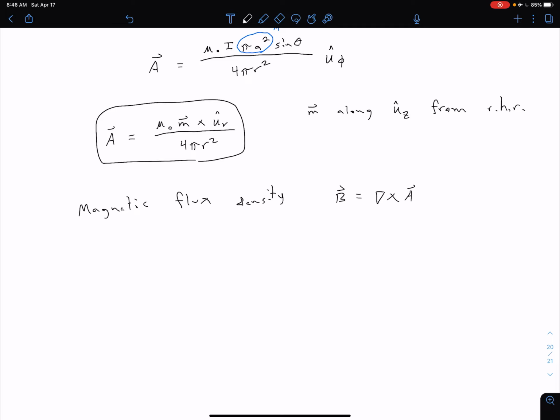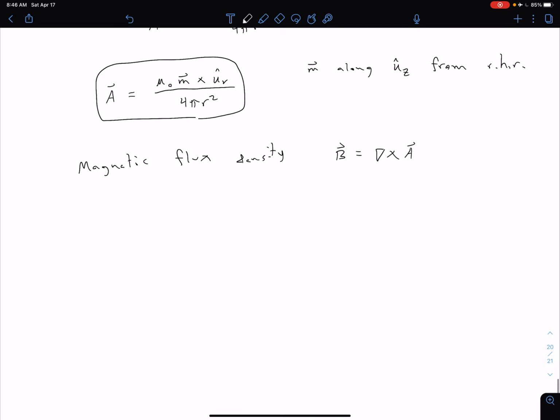And so again, we're not going to go through all the steps of that. However, if we do that, we find that our magnetic flux density is equal to mu naught times m, just the magnitude of that magnetic dipole moment, divided by 4 pi r cubed, and all of that is multiplied by this quantity: 2 cosine theta in our r direction plus sine of theta in our theta direction.